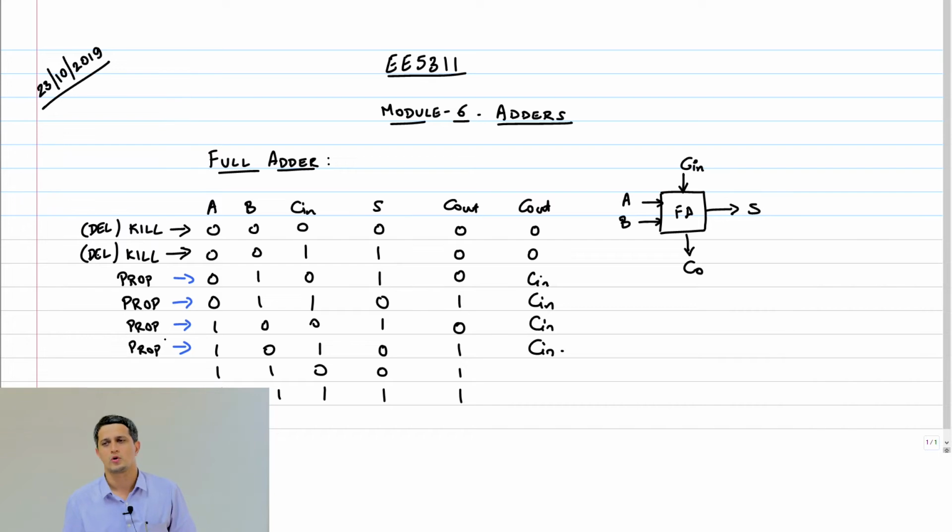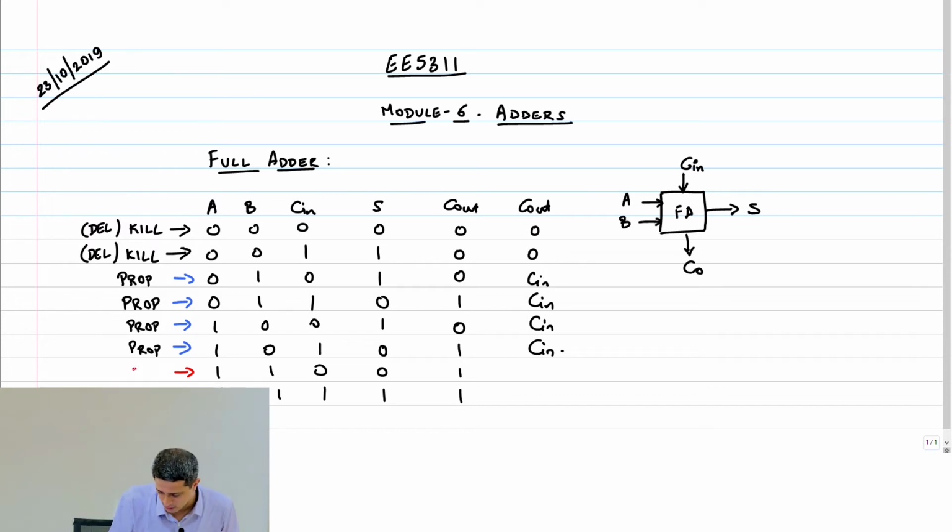What about the last two cases? If both A and B happen to be 1, irrespective of what the carry in is, carry out is being generated. It means those two bits are simply going to generate a carry irrespective of what the input carry is.